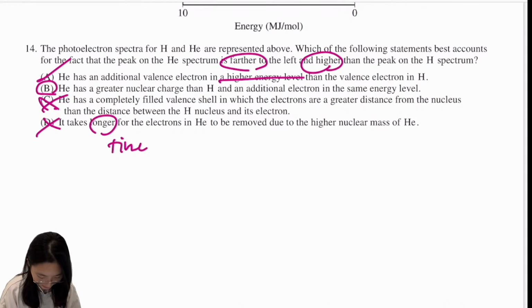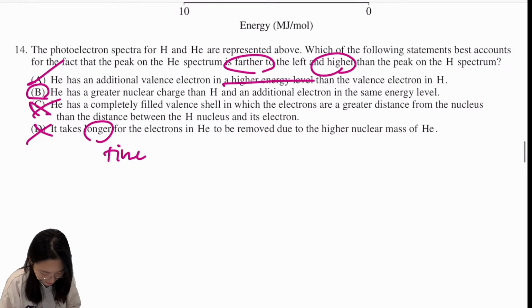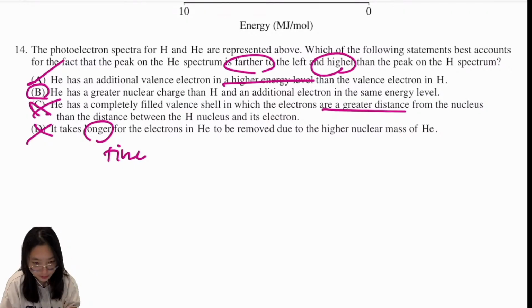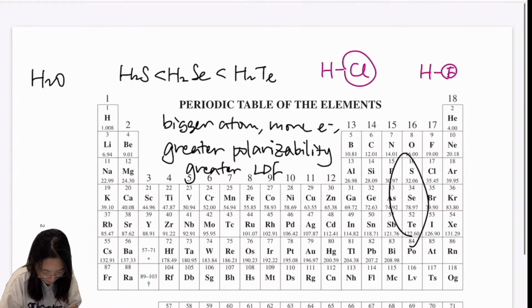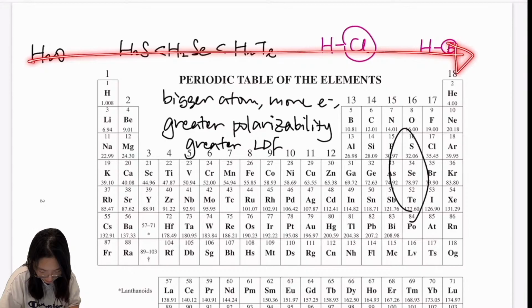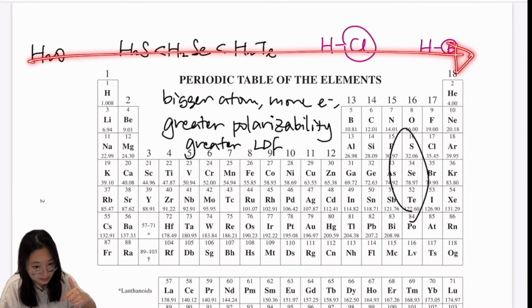Why is D wrong? Okay, C, helium has a completely filled valence shell. The first part is correct, but in which the electrons are a great distance from the nucleus, no. A great distance from the nucleus means a bigger atomic size. That's not right. On the periodic table, when you go from left to right, the atomic size decreases because your nuclear charge is getting bigger with the increasing number of protons.